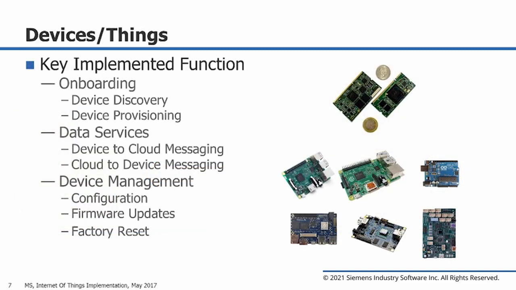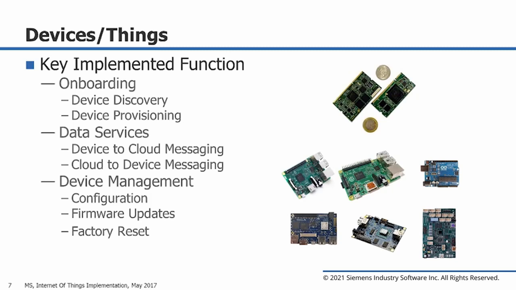This slide lists some of the key functions that need to be implemented or can be implemented on an embedded device. So the first category is onboarding or device discovery or provisioning functions. These are required for any of these devices to be part of the network. Then we have data services that help send messages from device to the cloud, or send control or commands from cloud to devices.